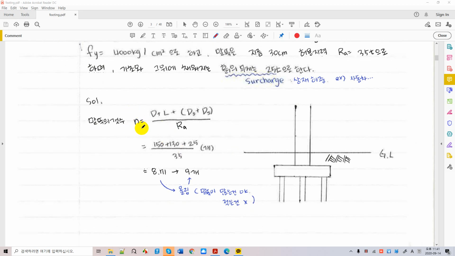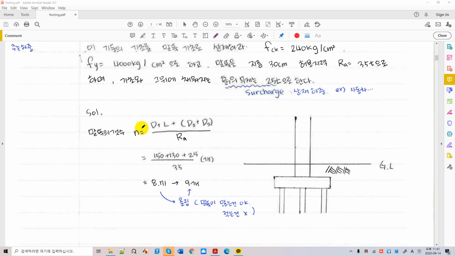Now we have to calculate how many piles we're going to need to support these given loadings. Okay, here we have to divide all the loading on the piles by what? The pile bearing capacity of one pile. And we use a service load, which means that we don't use factors.